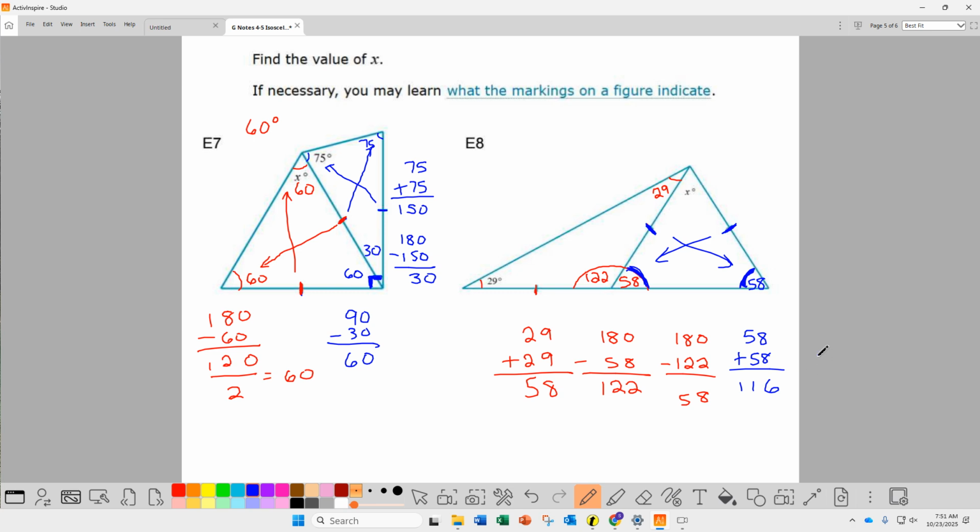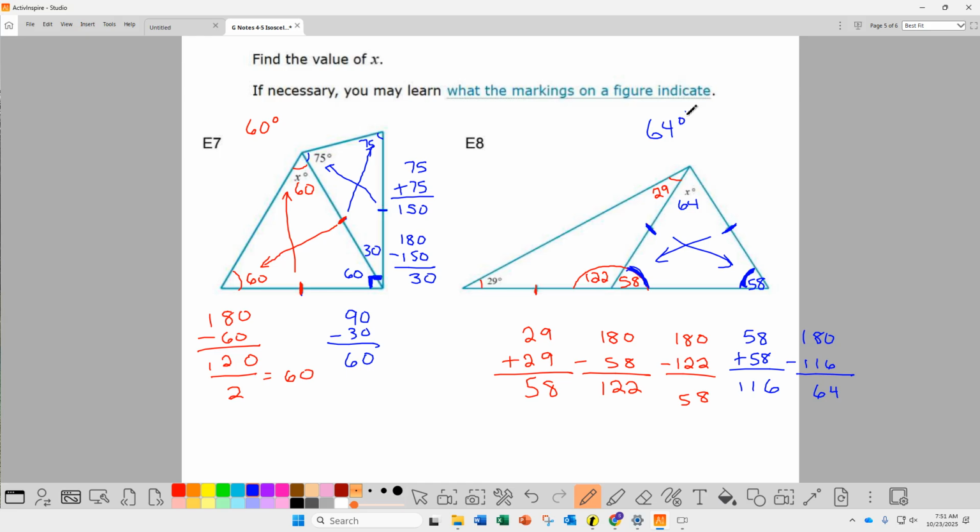And then 180 minus 116, because every triangle adds up to 180. You're just subtracting from 180 every time, guys, at the end. Once you get those added up, it's going to give you 64. Perfect. And x is going to be 64. That's the actual answer to the question, 64 degrees.